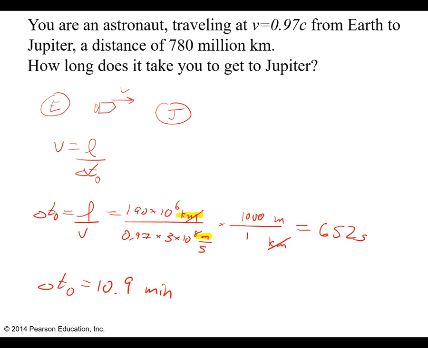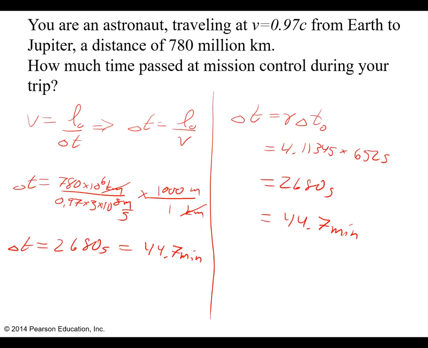And even though you make that journey in 10.9 minutes, in reality, the amount of time that's passed on Earth is 44.7 minutes, right around 4 times as long. And so that's how you apply and use the time dilation and length contraction equations and find out relativistic changes in both time and distance.